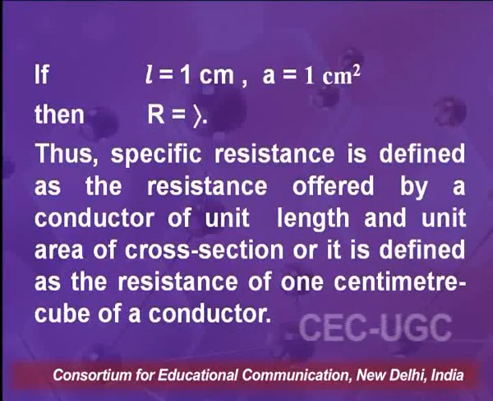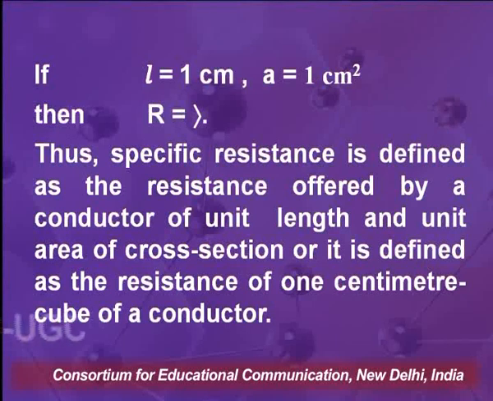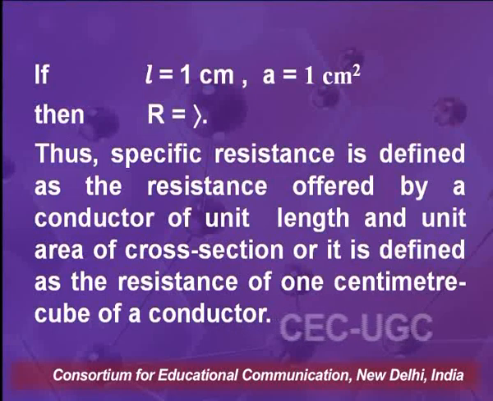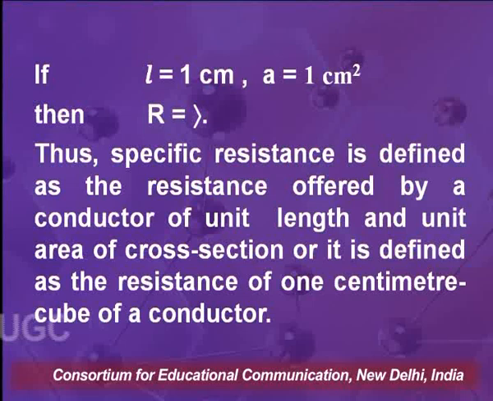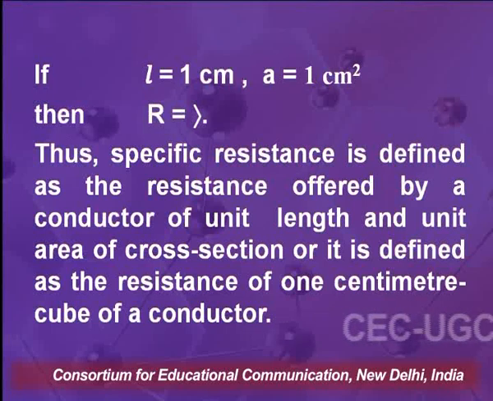If L is equal to 1 and A is equal to 1 centimeter square, then R becomes equal to rho. That is, the specific resistance is defined as the resistance offered by a conductor of unit length and unit area of cross section, or the resistance of 1 centimeter cube of a conductor.